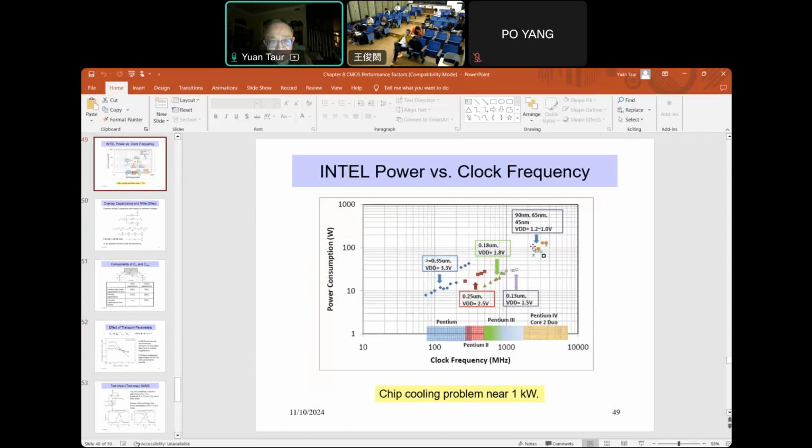The power becomes a couple hundred watts at about 3 gigahertz. By the time you go to 5 gigahertz, it's a few hundred watts, and that's pretty much the limit. We cannot cool the chip if it's close to 1,000 watts per chip.